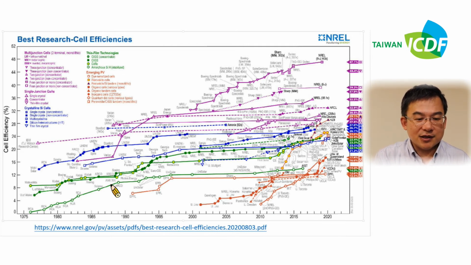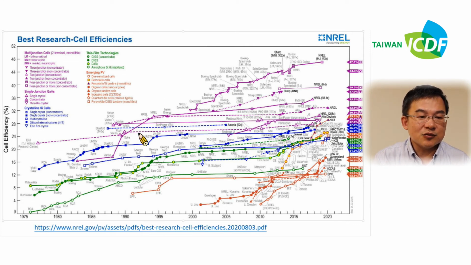But the amorphous silicon has low efficiency. You can use it in something like a calculator. That is a low power need for this product. So if we want it for a mega energy bank, amorphous silicon is not good.